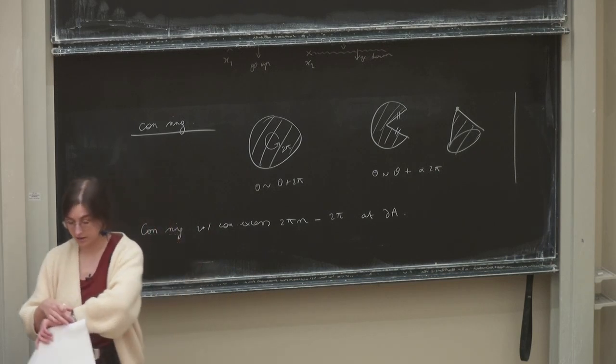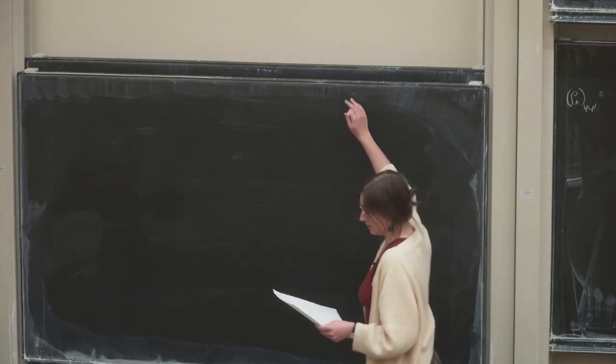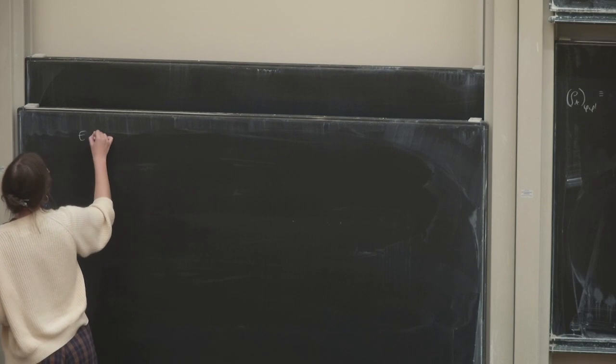Right. This is where I was going to stop, and then I can give you the exercise that I had in mind. You can do this here. So let's go to the right. Okay.